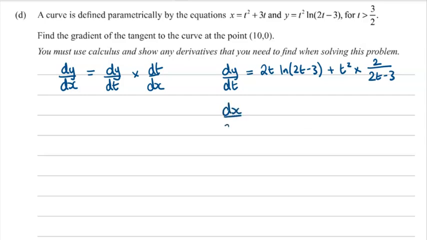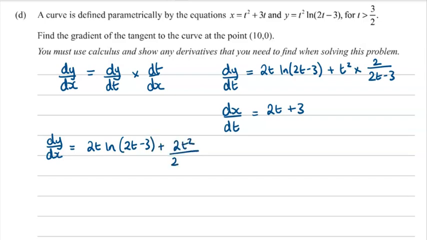Dx by dt will be 2t plus 3. So back to dy by dx. Okay, so dy by dt we've got 2t natural log 2t minus 3 plus 2t squared over 2t minus 3.